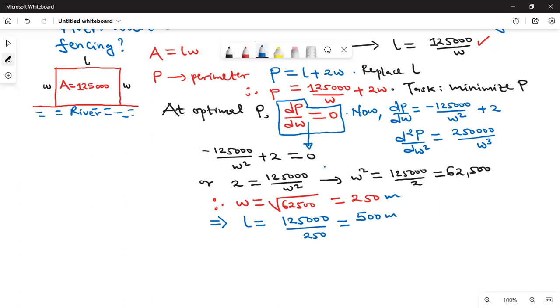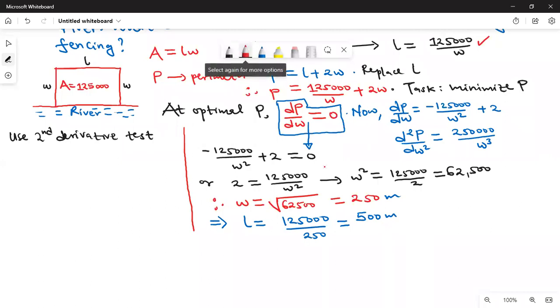But you see, we are not sure whether these values of length and width will give us the minimum perimeter. We have to use the second derivative test. Let's see the value of d squared P dx squared at W equals 250 meters.